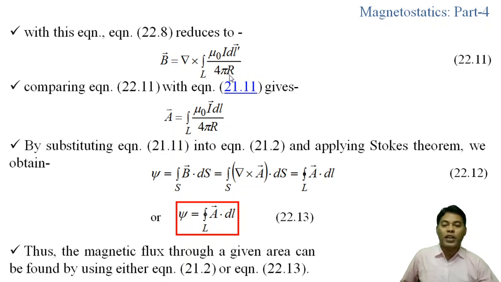So in this expression, you can see that the term after the grad cross is denoted by A, and we have seen in earlier lectures that B equals grad cross A. So we can say that this term, the line integral of mu naught I dl prime by 4 pi r, is equal to A. Here we have calculated the value of A, the magnetic vector potential for the line current, which we have seen in equation 22.2.